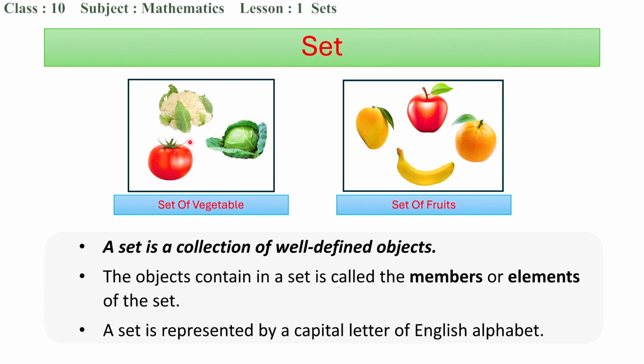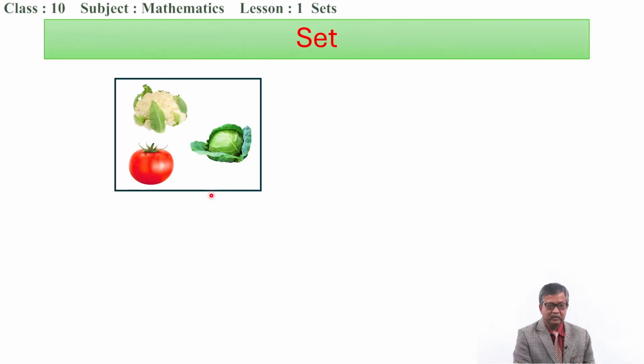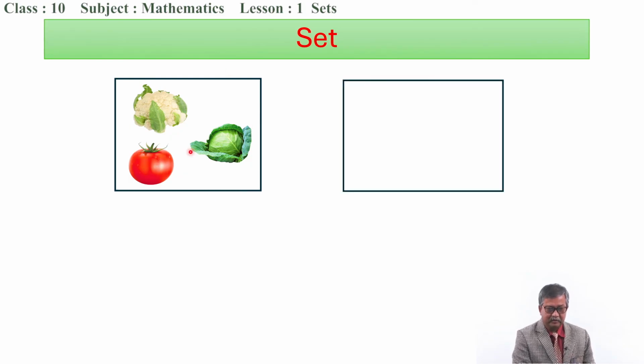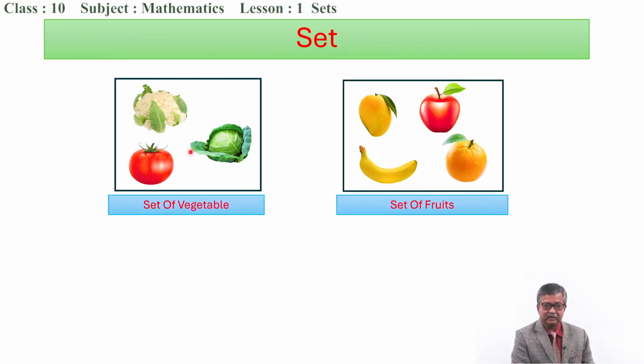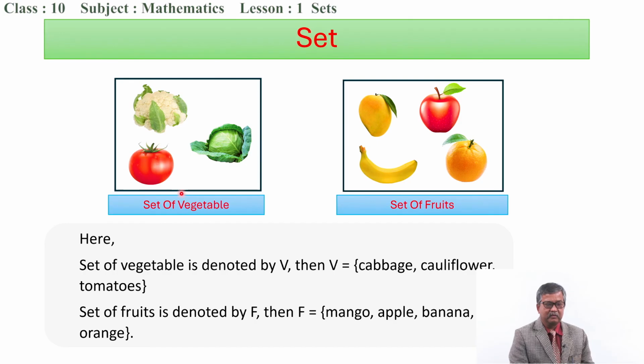The first letter of vegetable is V. So we can say that the set of vegetables is denoted by V. Then we can write the set V = {cabbage, cauliflower, tomatoes}. These three vegetables are contained in the set of vegetables. So these are the members.